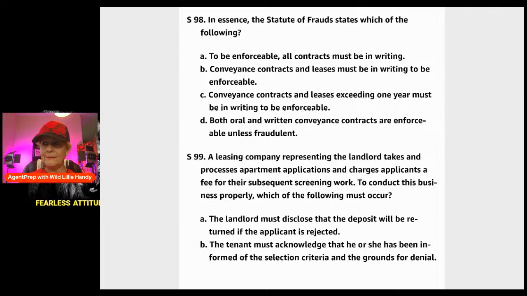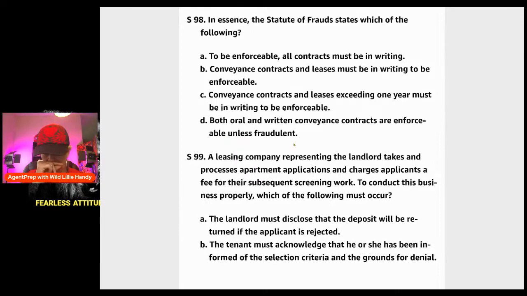And everybody done? Yes, the answer is C. Conveyance contracts and leases exceeding 1 year must be in writing to be enforceable. Okay, so Carlos, you said both oral and written conveyance contracts are enforceable unless fraudulent.